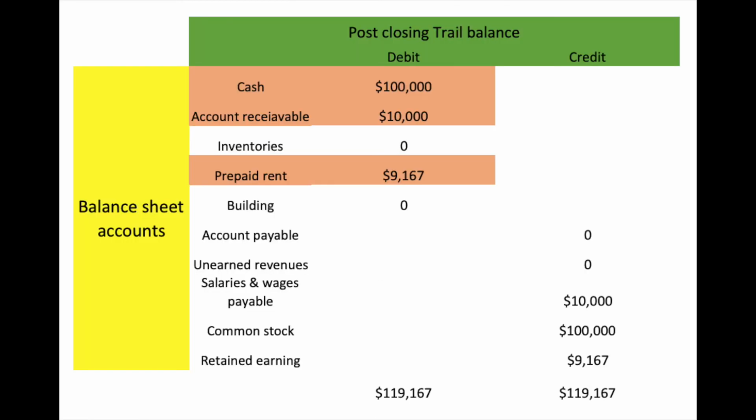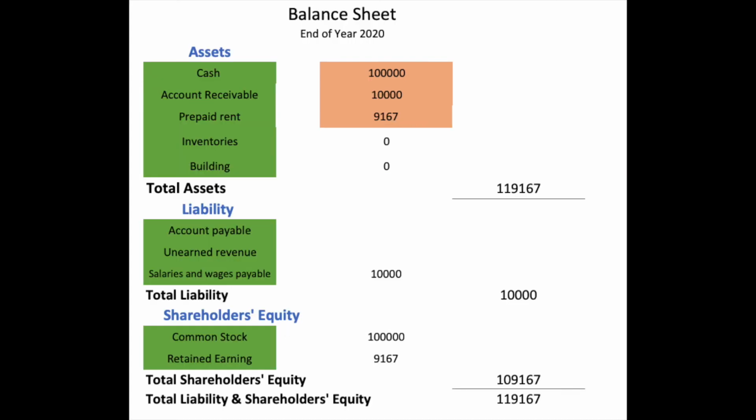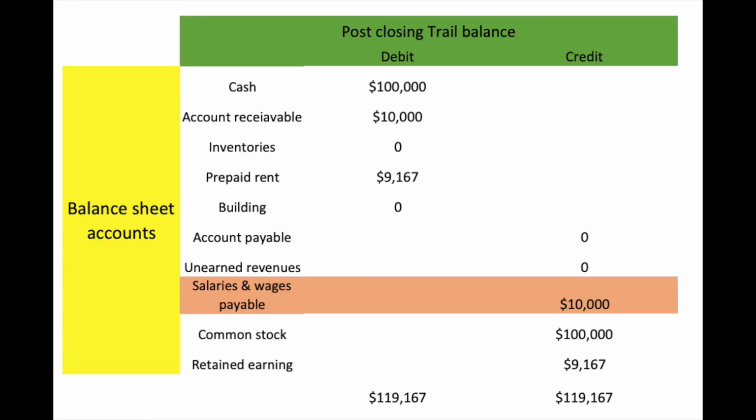Firstly, assets accounts should be moved to the top of balance sheet. Secondly, liabilities accounts should be moved to the middle of balance sheet.